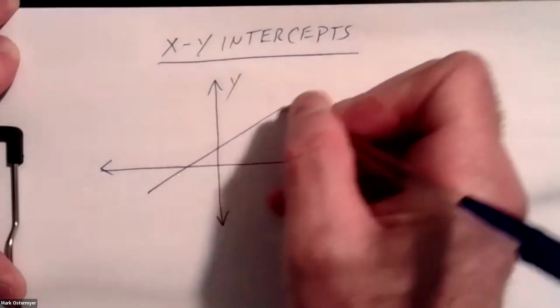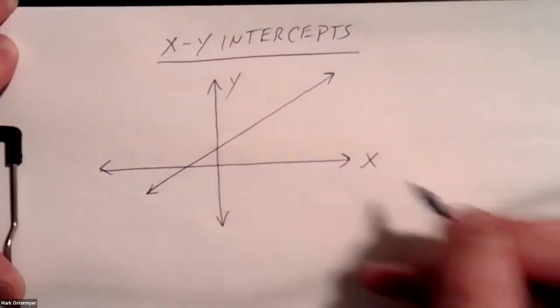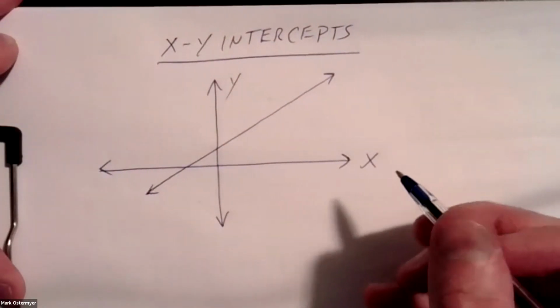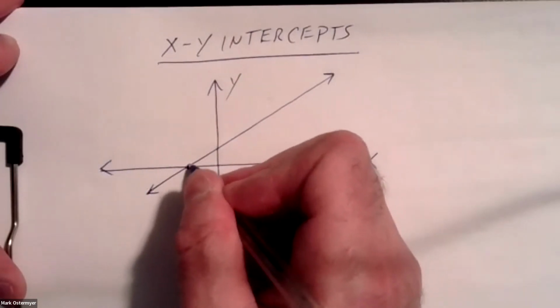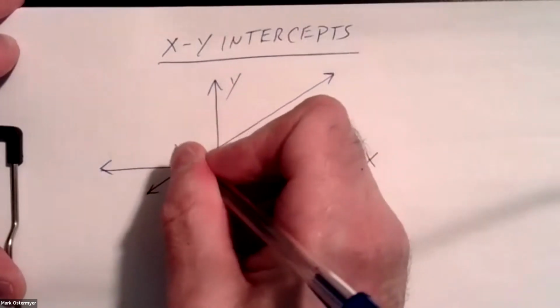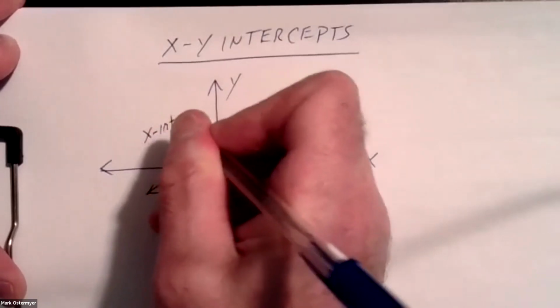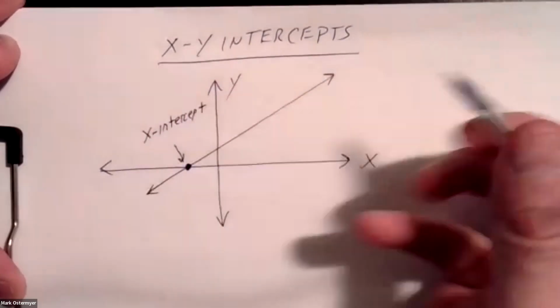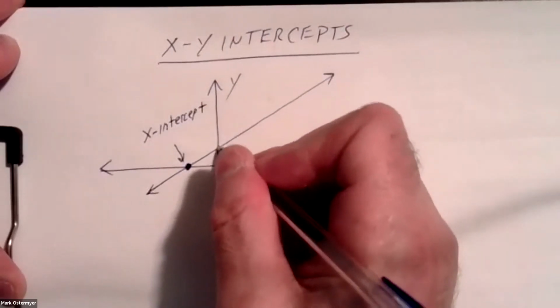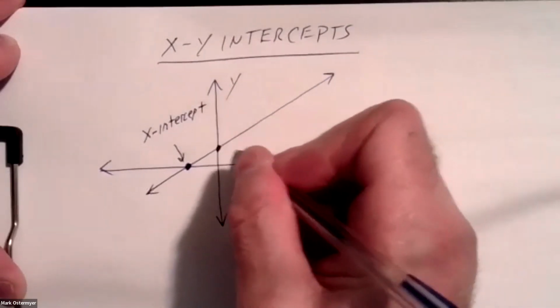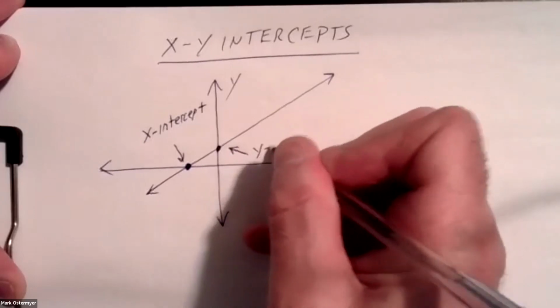Suppose that we had the graph of a line in the xy plane, the graph of a linear function. Ladies and gentlemen, the point of intersection between the graph and the x-axis is called the x-intercept. The point of intersection between the graph and the y-axis is called the y-intercept.